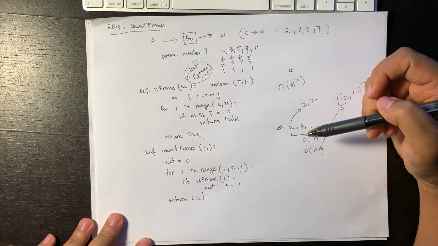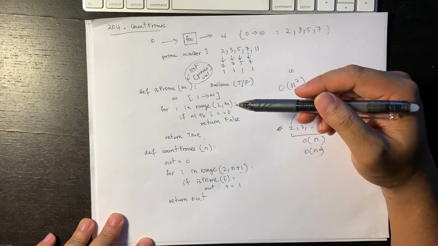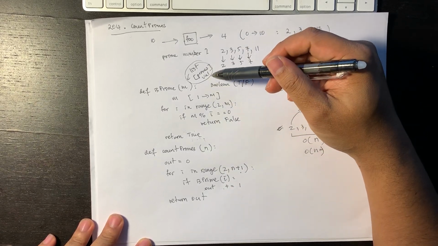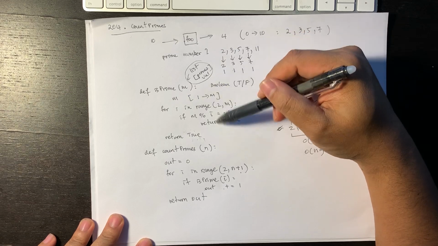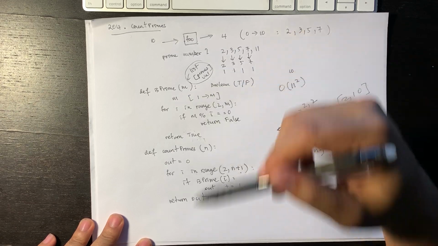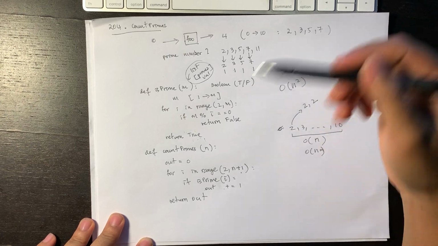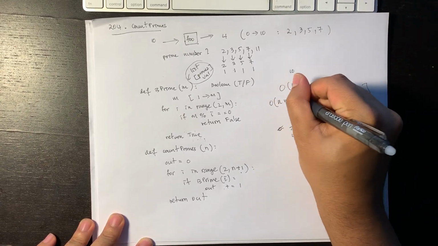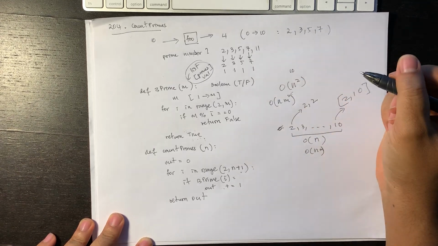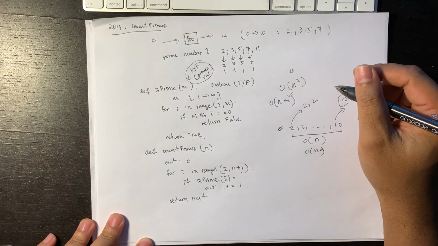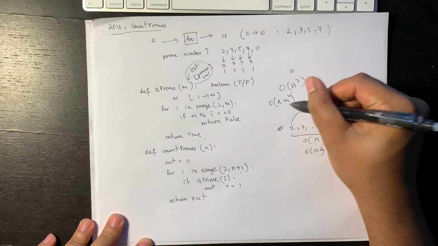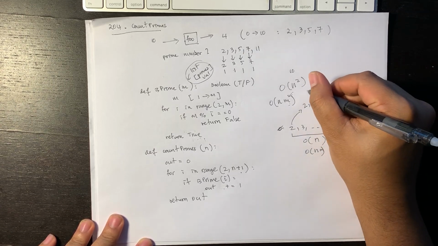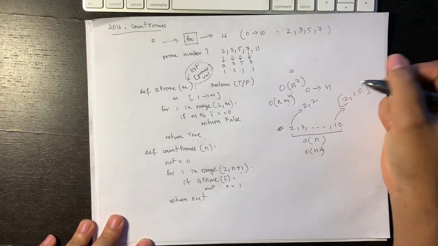However, if we write our algorithm to contain a list of the previously found primes, we would reduce it to O(n times m), where m is the number of primes from 0 to n.